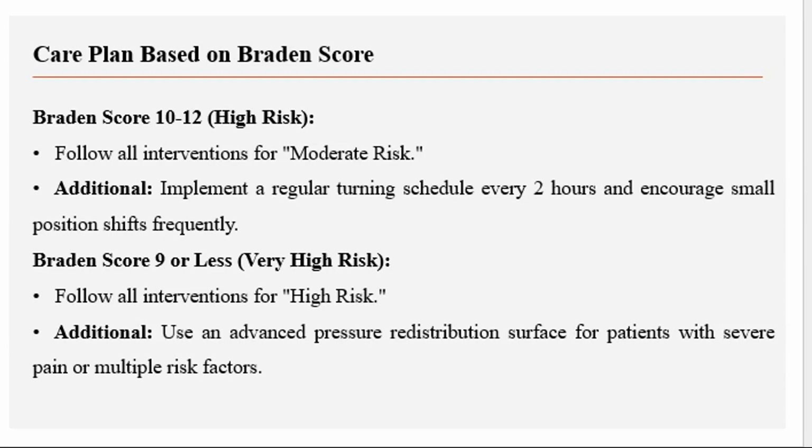As I have already told you, as the score comes down, the level of risk becomes very high. Follow all the interventions of high risk, and in addition, use advanced pressure redistribution surfaces for the patient with severe pain and multiple risk factors.